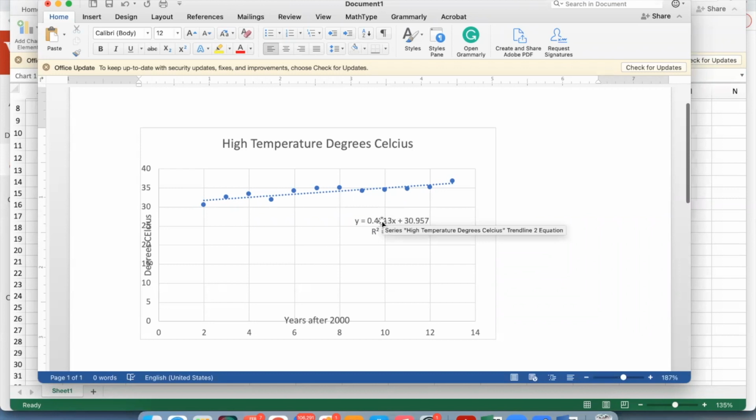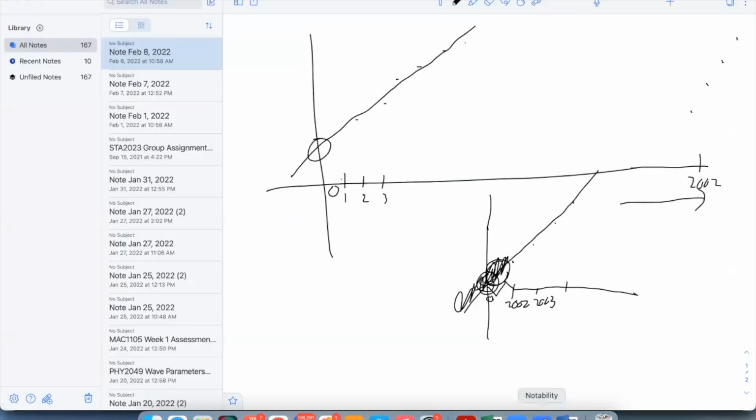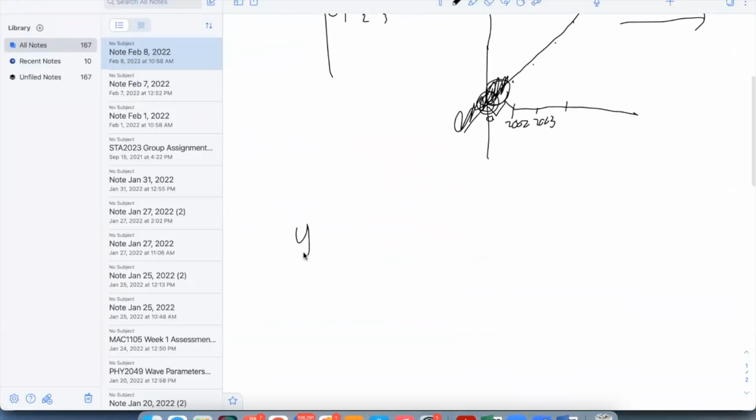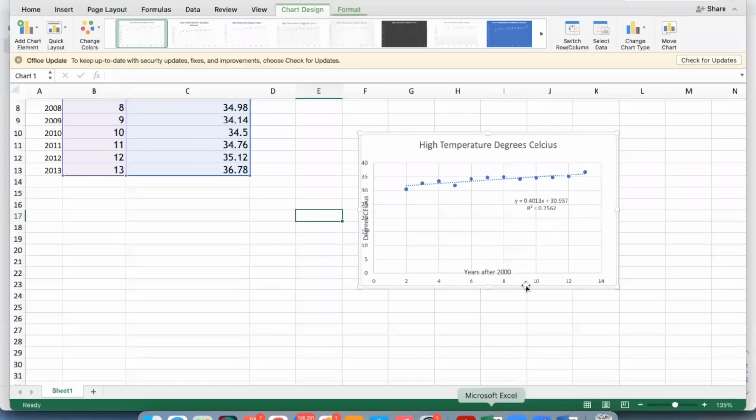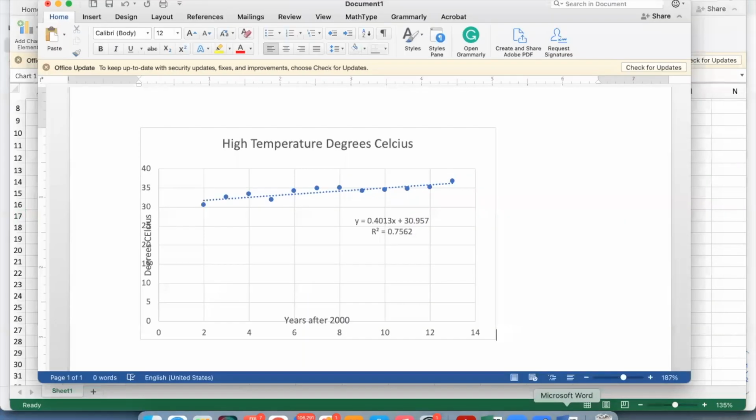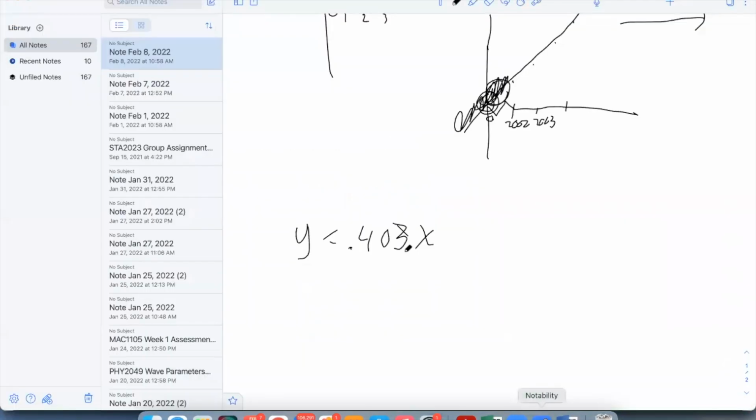All right, now let's talk about what it is we actually found. Let's talk about this line. So y equals 0.4013x plus 30.957, I think it was.